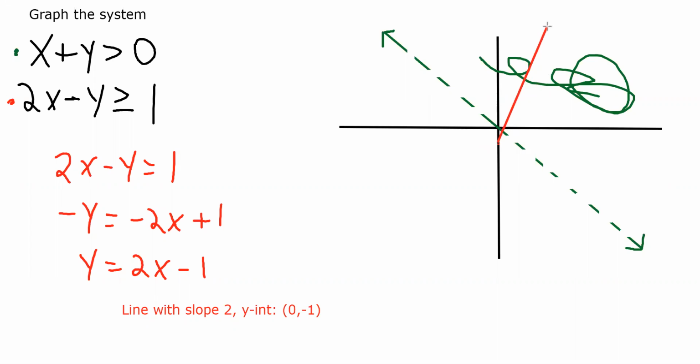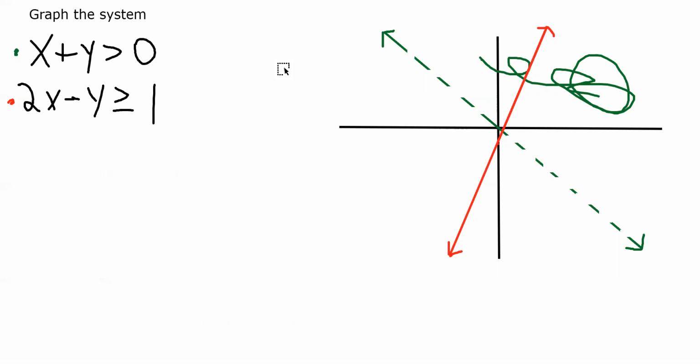So it's going to be pretty steep. Bada bing, bada boom. Put some arrows on it. So we've got the line graphed.